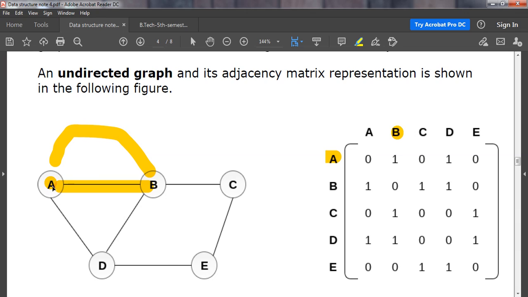Since A is connected to B, we have 1 written over here. Similarly, B is also connected to A because this is an undirected graph. Hence from B to A I also have 1. Similarly, B and C are connected, and C is also connected to B.